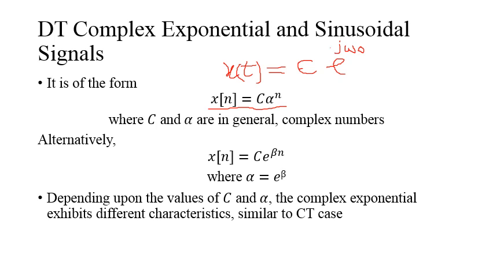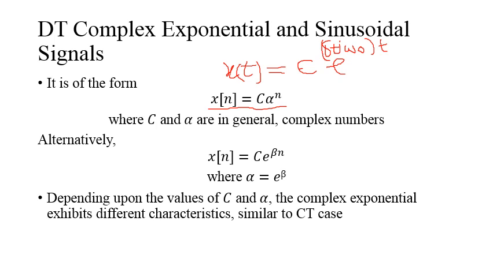In fact, you can also write sigma plus j omega naught t, right? So that was for the continuous time case.